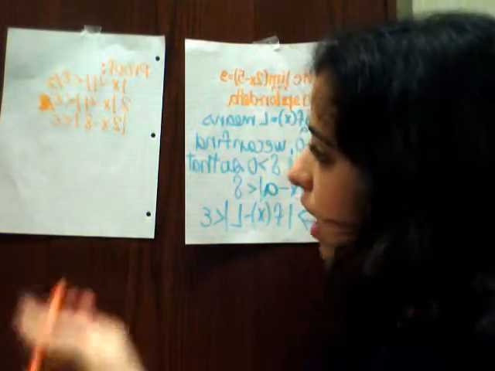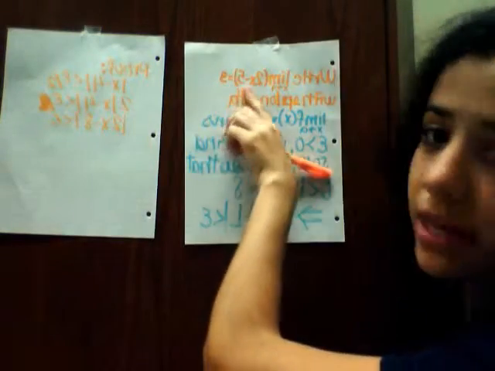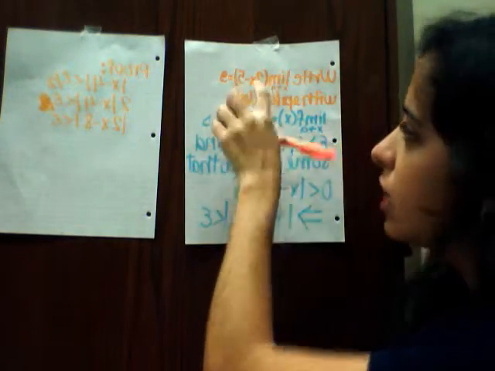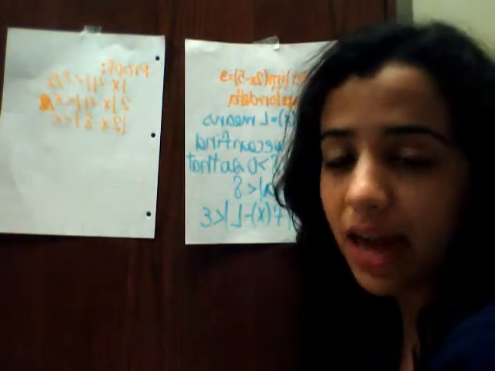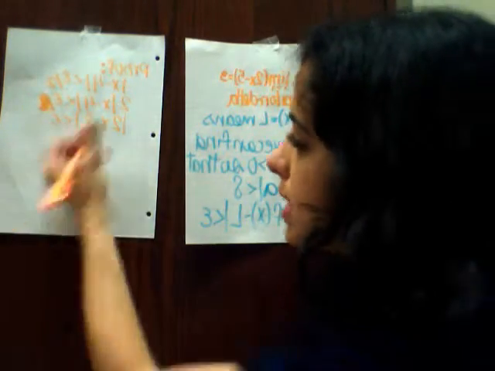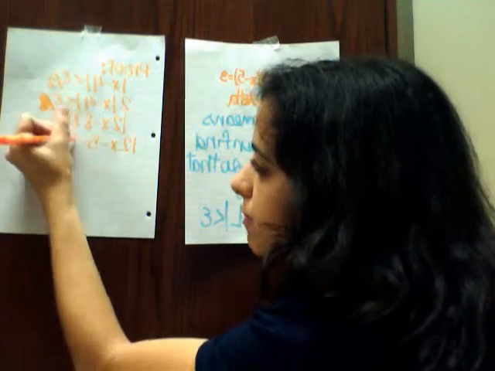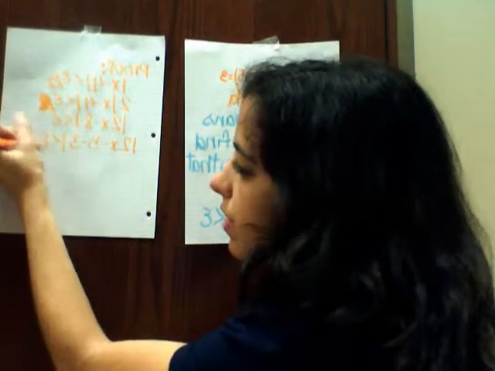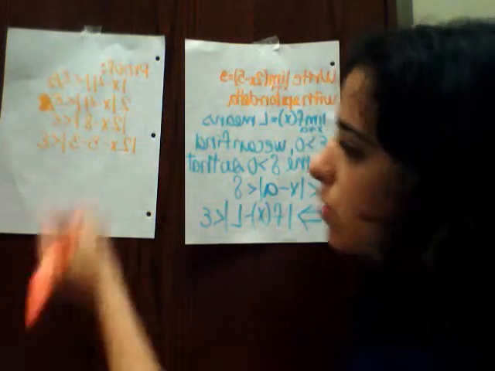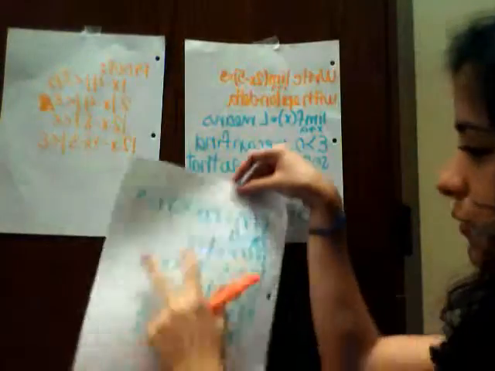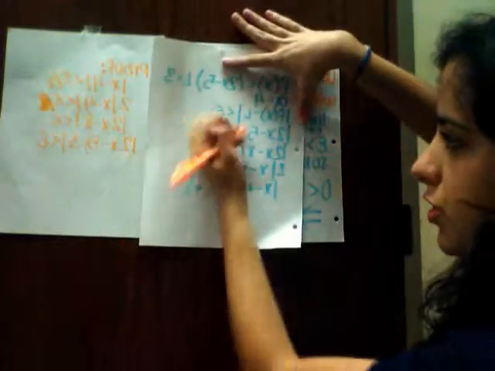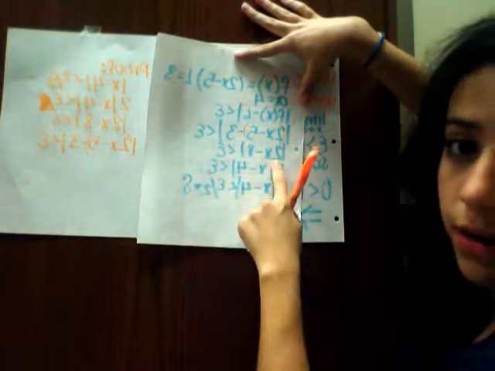And then after this, we have to make it look like the original function. 8 is the same thing as 5 plus 3. So we separate: 2x minus 5 minus 3 less than epsilon. And so here we have our original function as we first wrote it when we inserted the values here.